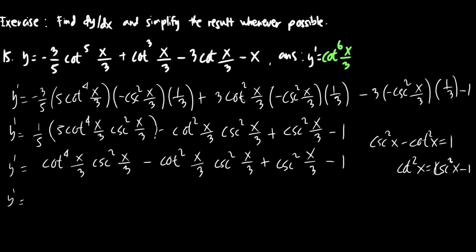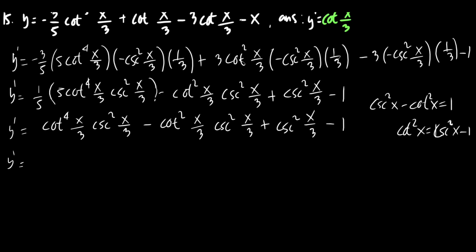So we will substitute. For cosecant, we'll transform this one to cosecant squared. So cosecant squared x is equal to cotangent squared x minus 1.